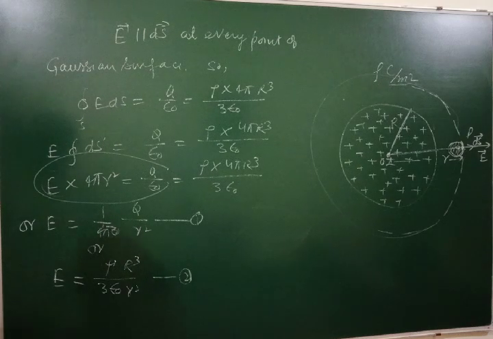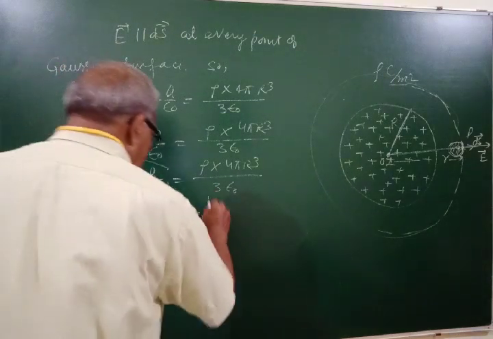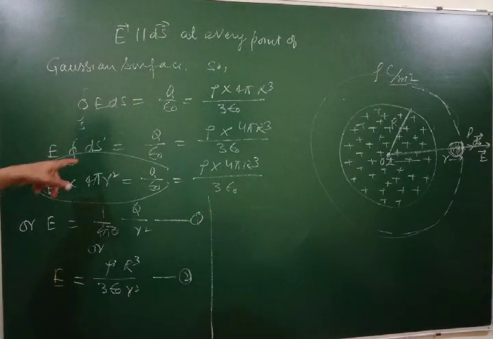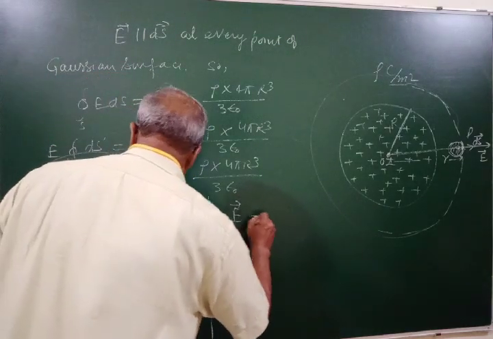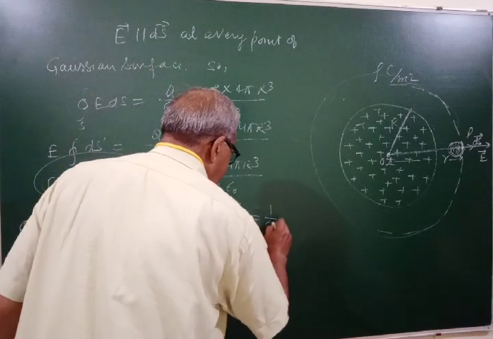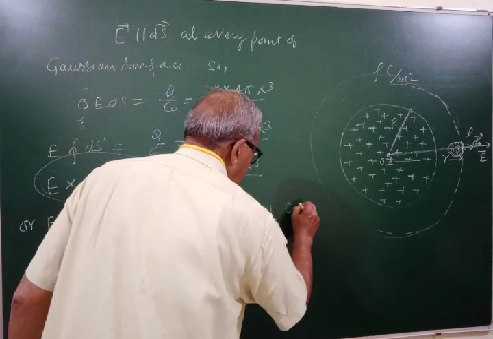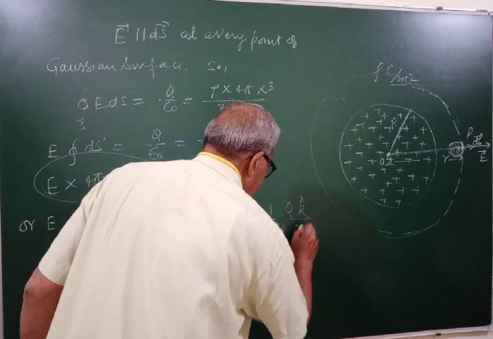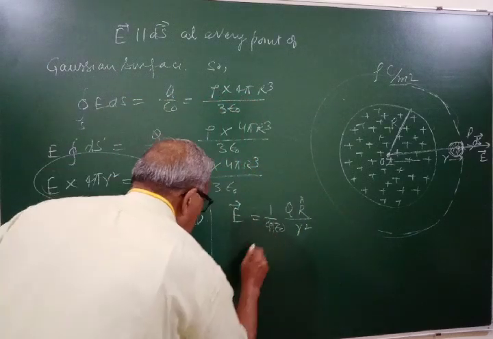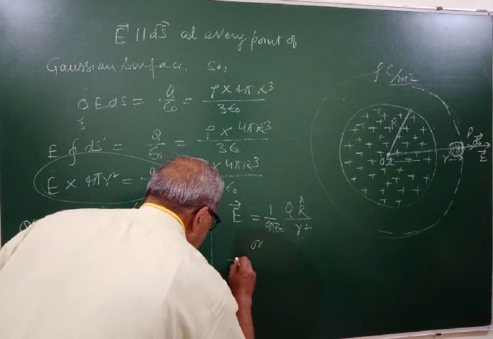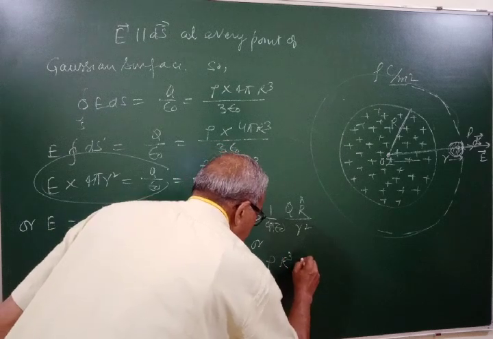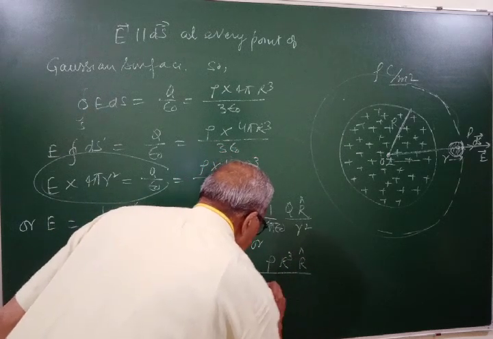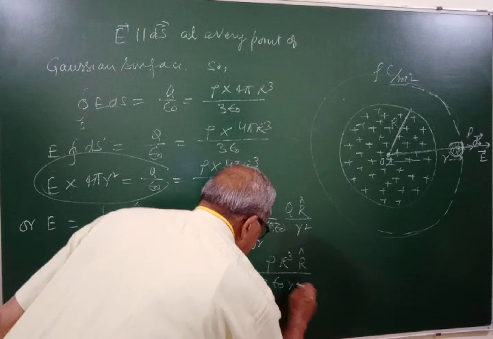So these two equations can also be written in vector format. I should have written it here, but the students get confused, so we write separately. This equation: vector E is equal to 1 upon 4 pi epsilon 0 Q r cap upon r square, or vector E is equal to rho R cube r cap upon 3 epsilon 0 r square.